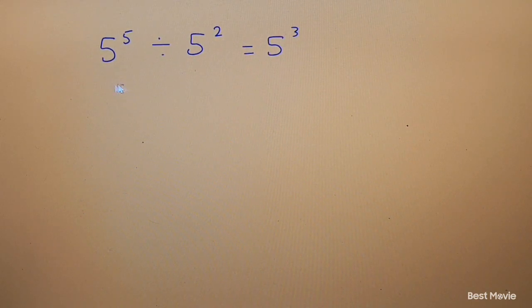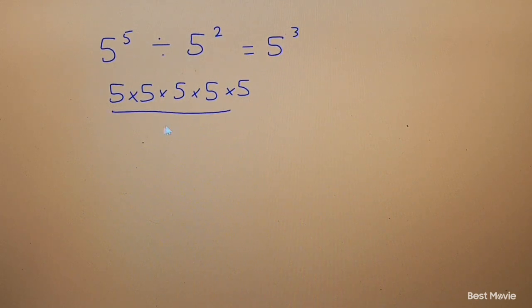Okay, so 5 to the power of 5 divided by 5 squared. When you're dividing, you take away the powers. So this would be 5 cubed. And this works because 5 times itself 5 times, divided by 5 squared.